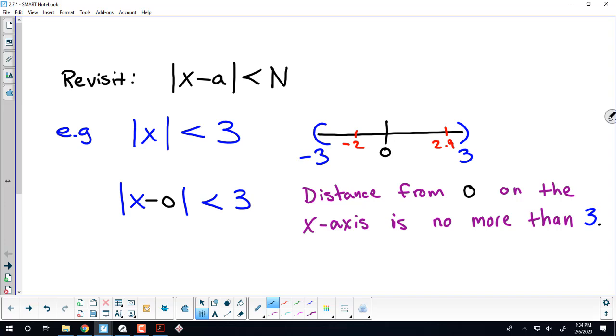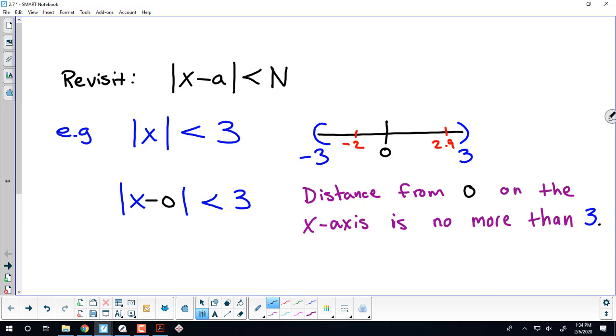That's one way to think about it. We could also restate that sentence, but when we see an absolute value inequality like this, we want to think of it in those terms: a distance from something is less than something else.